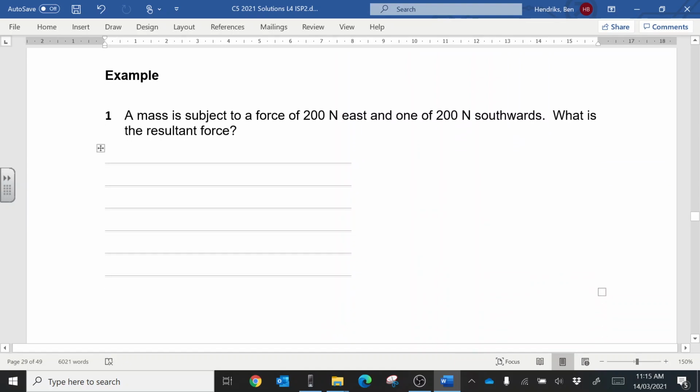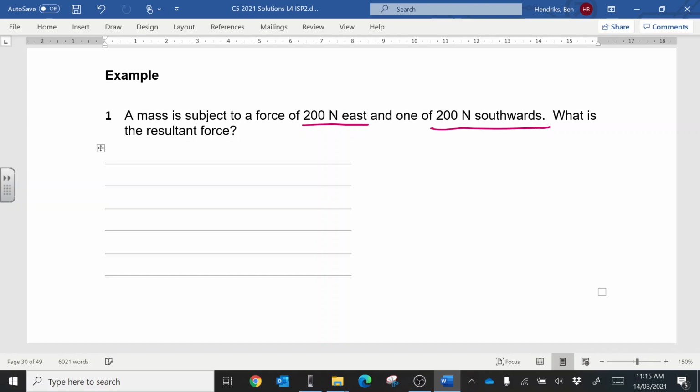So we have an example here. A mass is subjected to a force of 200 newtons east and another one of 200 newtons southwards. What is the resultant force? We've already done quite a fair few of these kinds of problems. Just remember that we have north, east, south, and west.